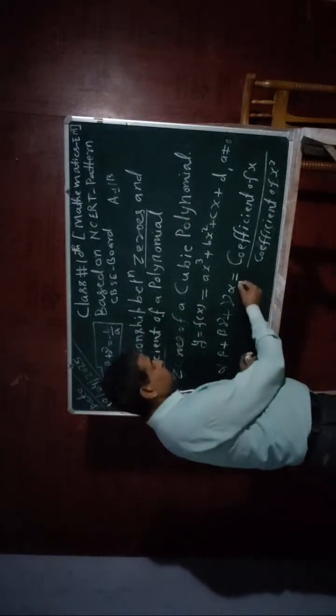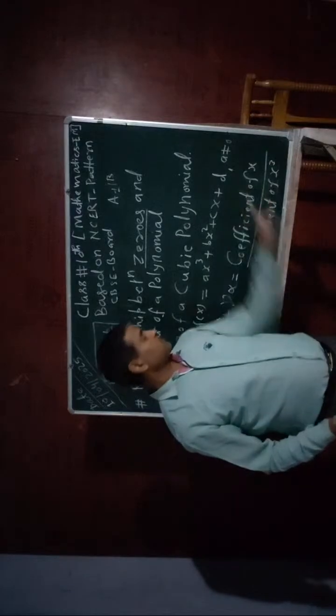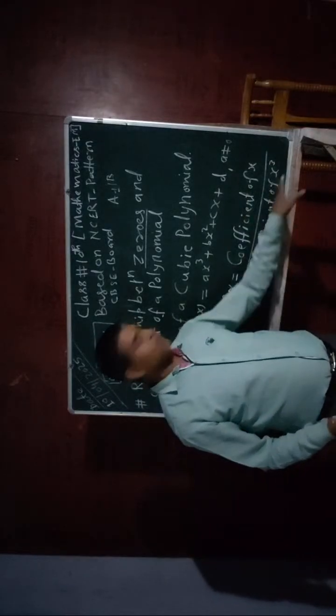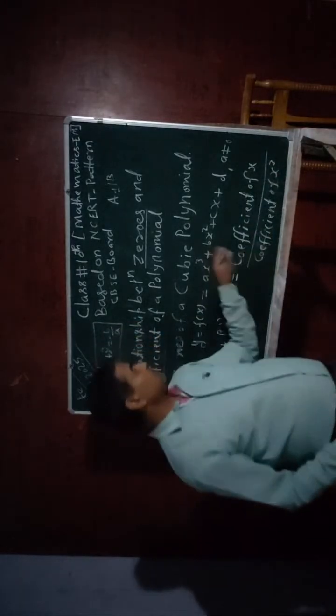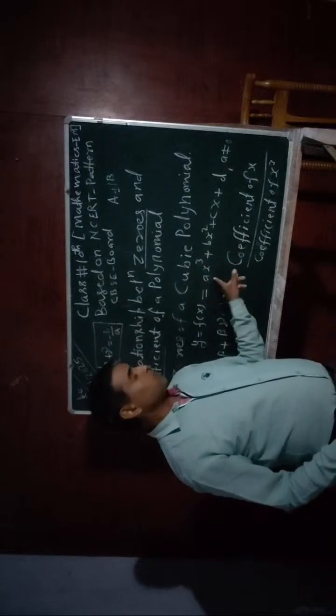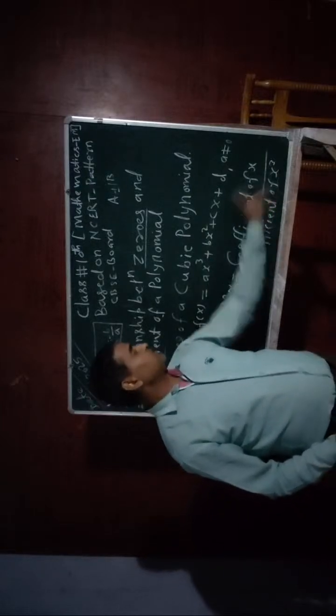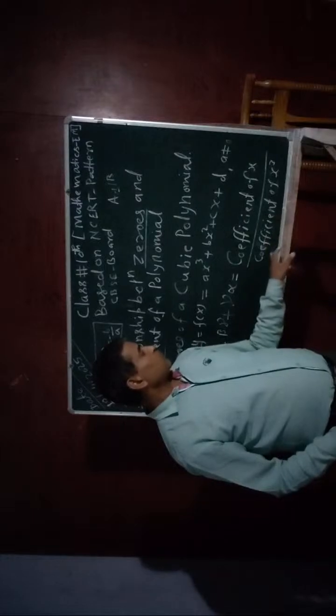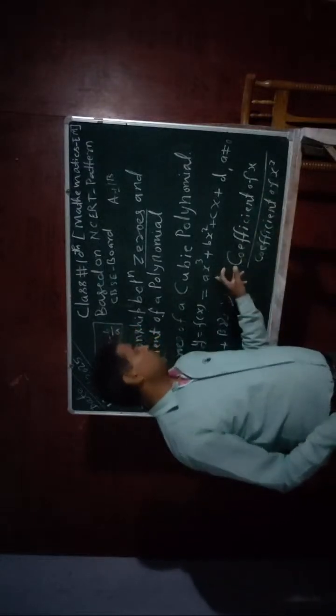Okay, students. So write it properly. It is equal to coefficient of x divided by coefficient of x cube. Here in the cubic polynomial, coefficient of x is c, but coefficient of x cube is a.